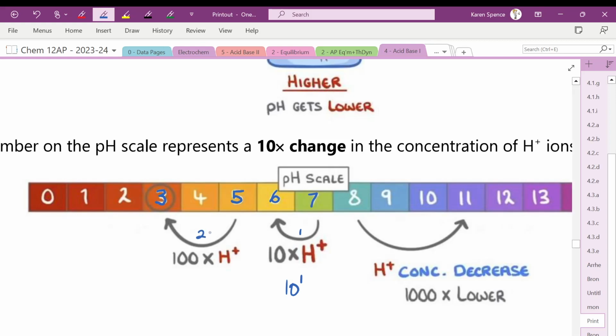We moved over 2 spaces, so that's going to be 10 to the 2 times bigger. We move over 1 space, that's going to be 10 to the 1 times bigger. So as pH decreases, we get a bigger hydrogen ion concentration.